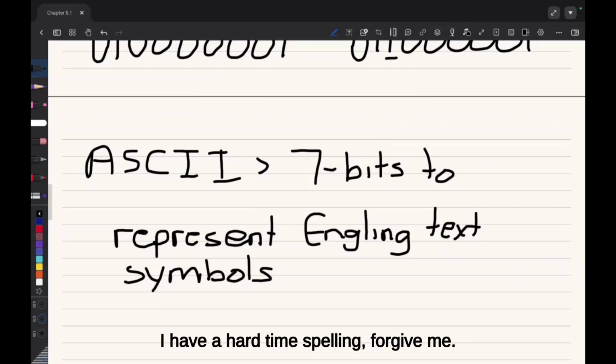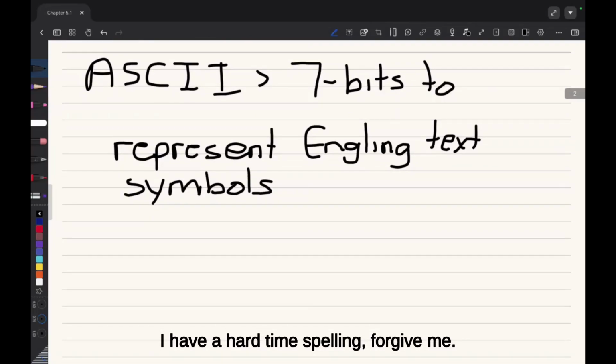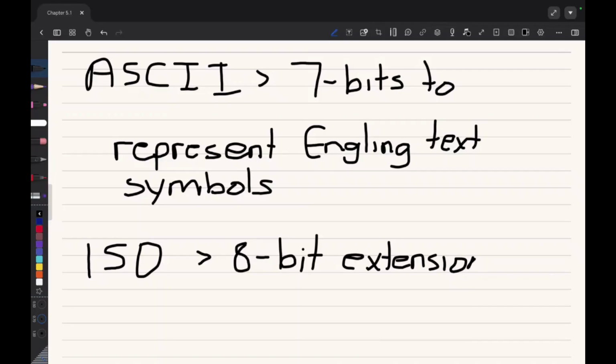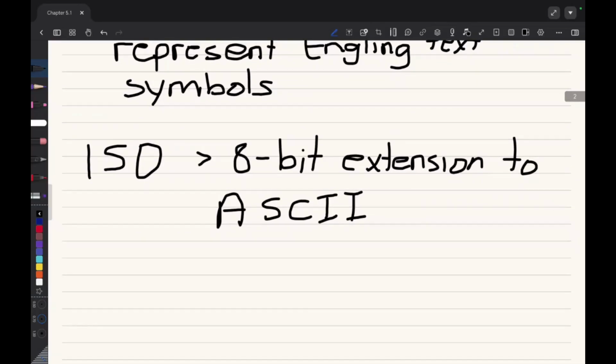And then after the ASCII, we have something called the ISO. The ISO is just an 8-bit extension to the 7-bit, and the 7-bit, we know it's the ASCII, right? Each 8-bit extension is designed to accommodate a major language.